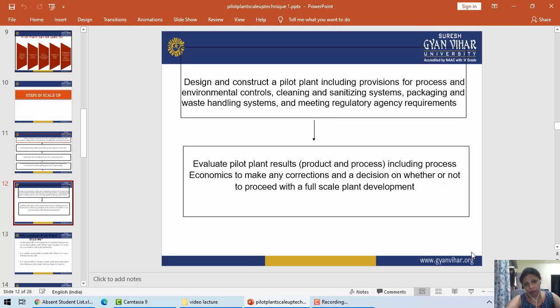So not only do you have to focus on the formulation development, you also have to focus on related parameters like how you can control the environment, how you can clean and sanitize the system, the packaging system, the waste handling system, and meeting regulatory agencies' requirements. All these things you have to consider while you are involved in the pilot plant.